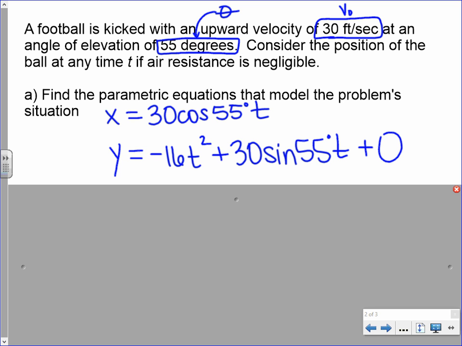If you do, that is fine. But I want to make a point that our initial height is 0. Now, before we get into any of these calculations, I would like you to go ahead and get your calculators out and change the mode back to degree mode. If you haven't used your calculator since we played around with all those polar graphs, it's probably still in radian mode. So go ahead and change it back to degree mode for me.